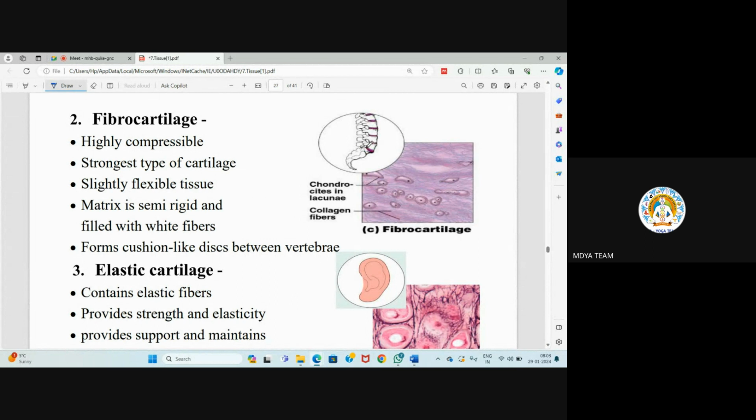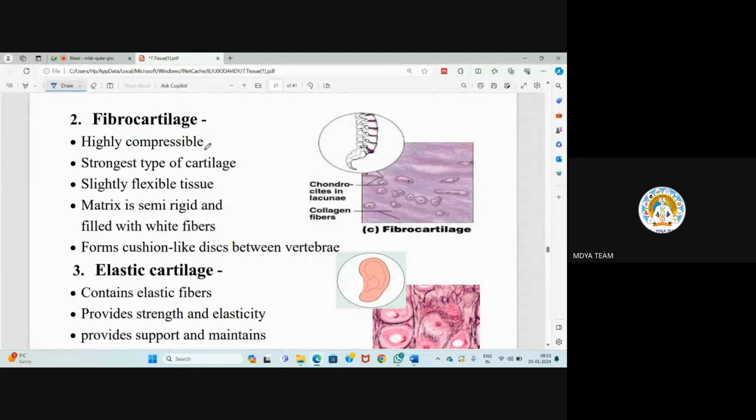In between each vertebra, there is a cushion-like structure. Here you can see it depicted in purple color. These are the intervertebral discs, and these discs are made up of fibrocartilage. They are highly compressible. That is why when we do back bending or forward bending, any type of bending in the backbone, these cushions get compressed.